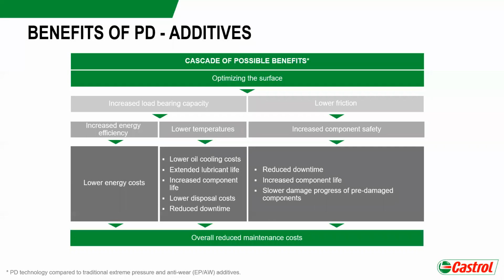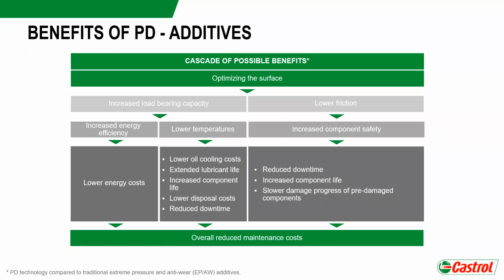Because there is less surface, the tension, the stress on the surface will increase because it's distributed amongst a smaller surface. Now, if you're able to improve the surface smoothness of the rest of the surface, you can lower down that stress again, and therefore increase component safety and lifetime, even for pre-damaged gears. We will see that in another test later on.